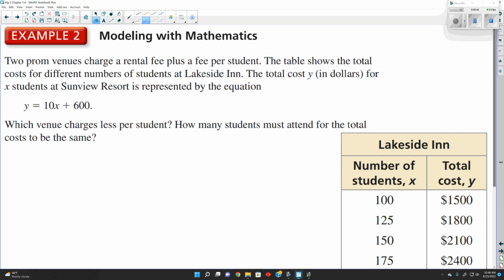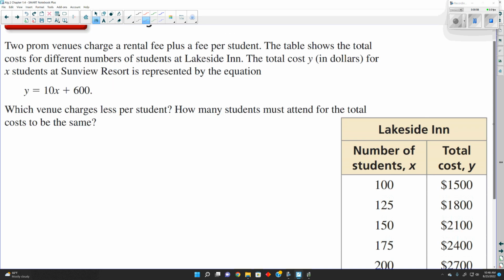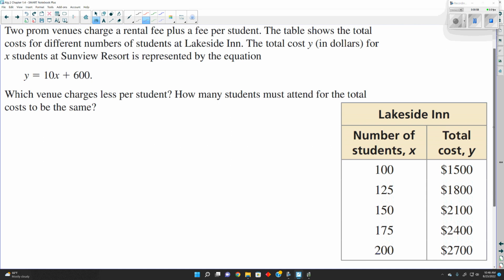They tell us that two prom venues charge a rental fee plus a fee per student. The table shows the total cost for different numbers of students at Lakeside Inn. The total cost y in dollars for x students at Sunview Resort is represented by this equation. So we have an equation and we have the chart.